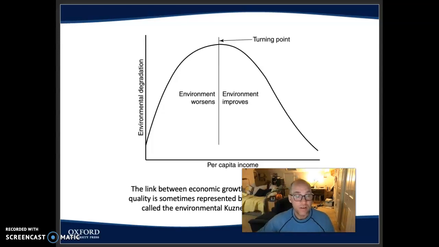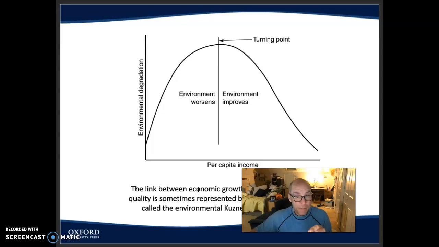The point here is that as we see per capita income in a country grow, people care more about the environment. And this Kuznets curve demonstrates, on the bottom, the x-axis, per capita income, and on the y-axis, up and down, environmental degradation.